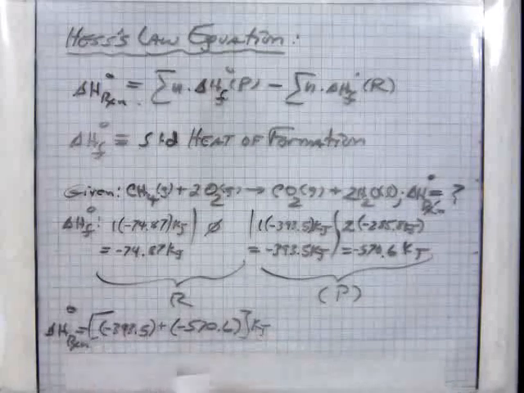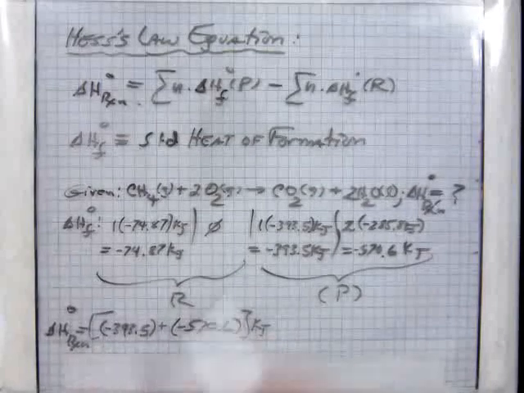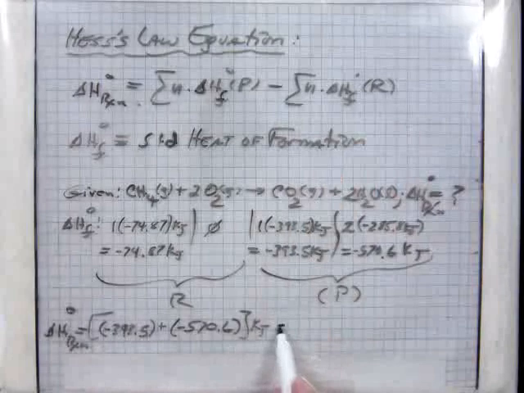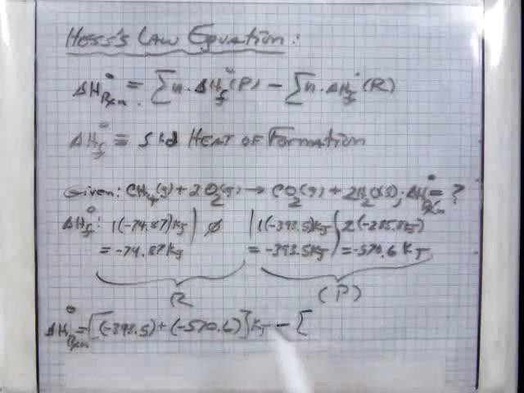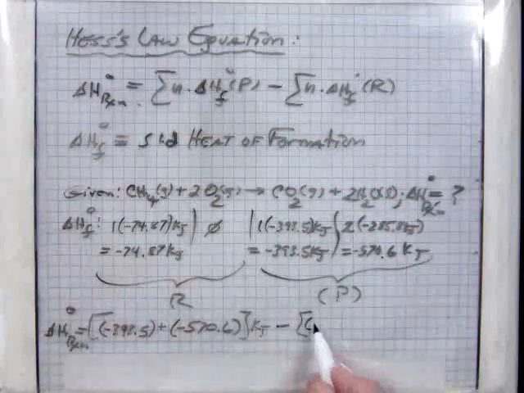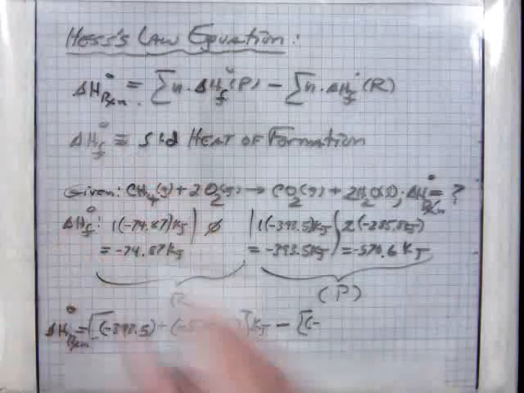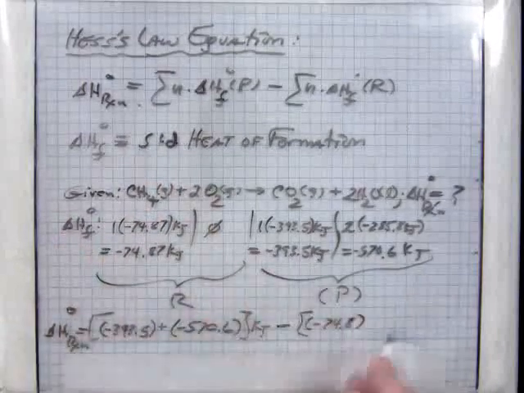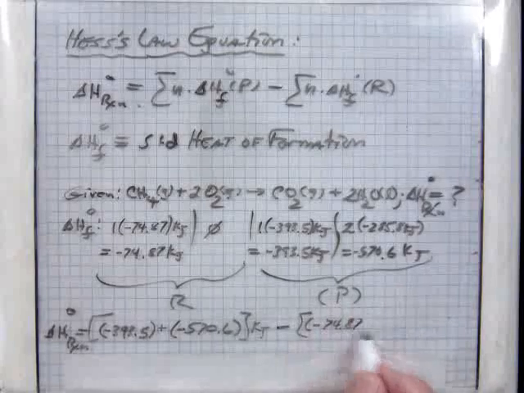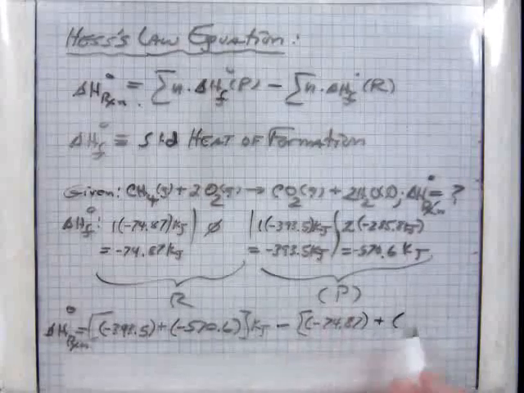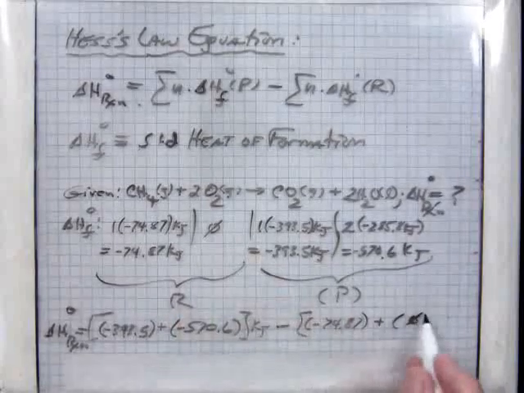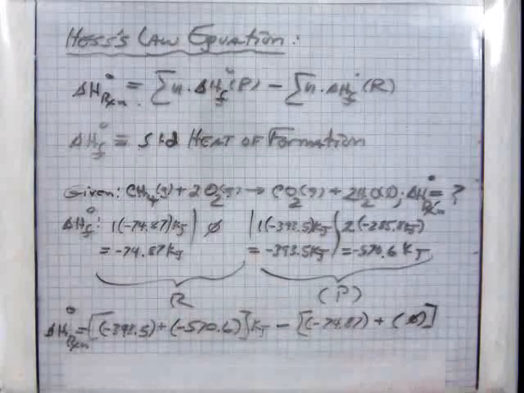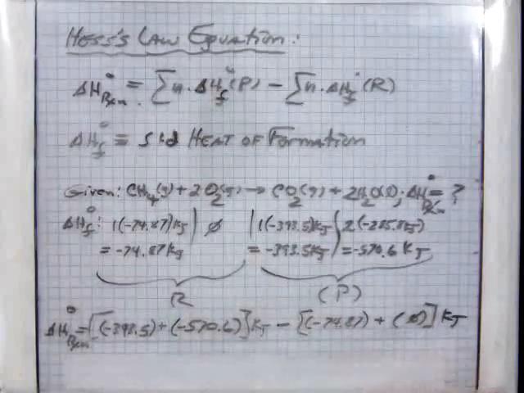So there's your product values here. And you want to subtract the reactants. So the reactants are minus 74.87 kilojoules, plus, of course, the 0, just to emphasize the summation, and those are in kilojoules also.